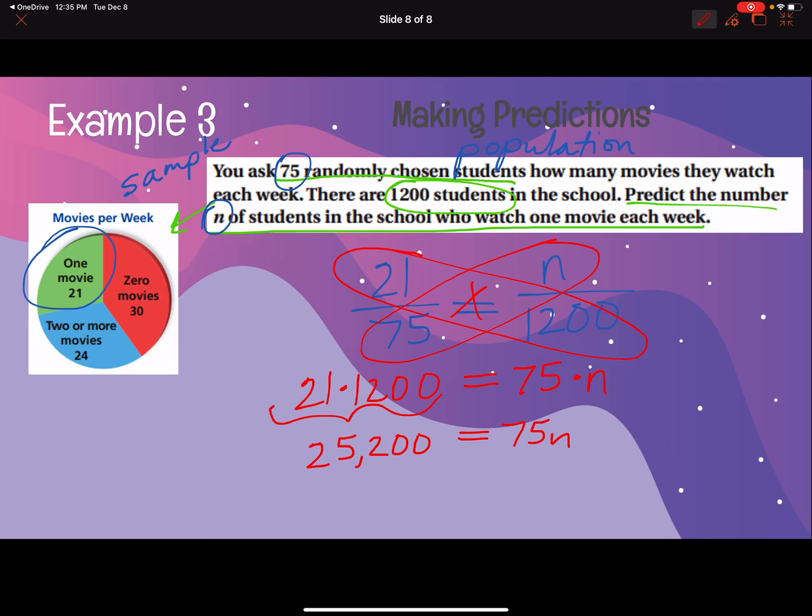Now, to solve this, I would divide both sides by 75. 25,200 divided by 75 equals 336.